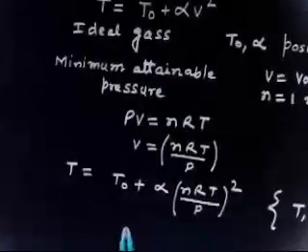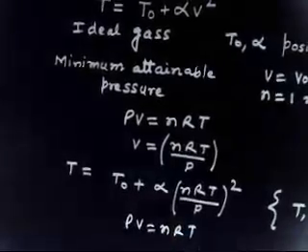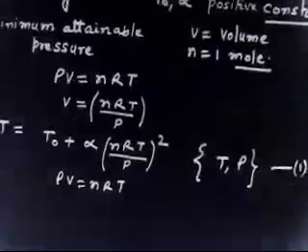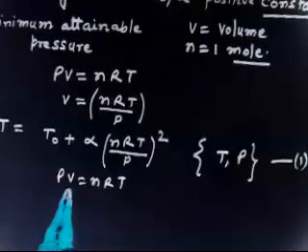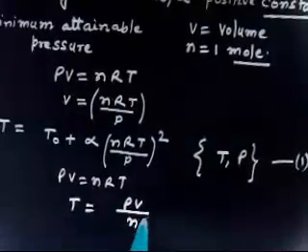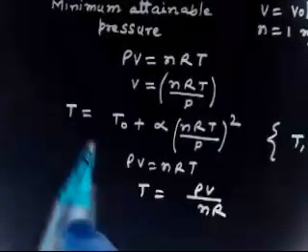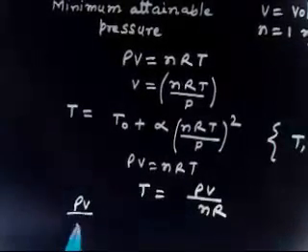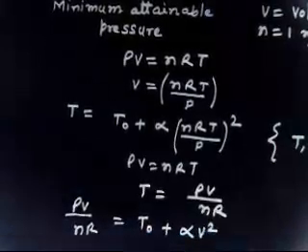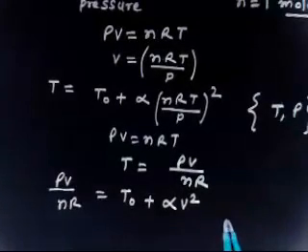Alternatively, if somebody wants, you can express the temperature in terms of pressure. Let us call PV equals nRT equation 1. From here, to eliminate T, we have T equals PV by nR. Putting this in, PV by nR equals T naught plus alpha V squared.